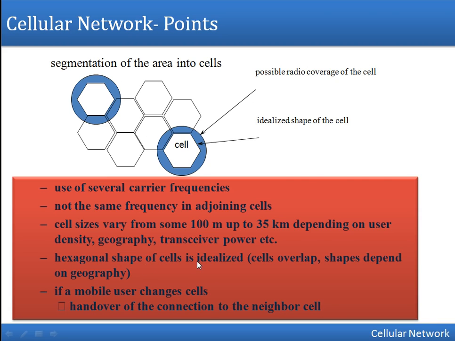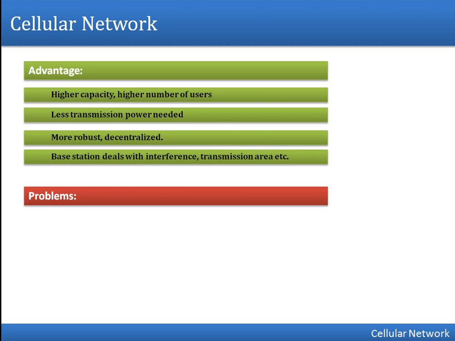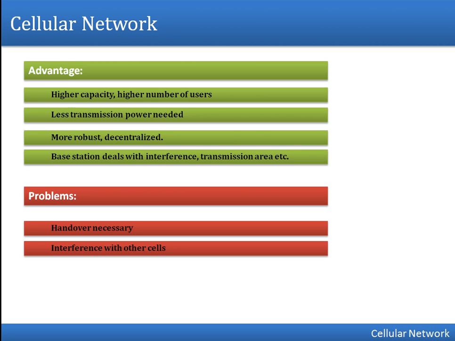Hexagonal shape of cell is idealized, we have already seen why. And if a mobile user changes cell, there will be a handover. So we have seen these points. The problem is, first, as the number of base stations increases, when a user is on an active call and moving from one cell to another cell, there will be an overhead for transferring an active call from one base station to another.